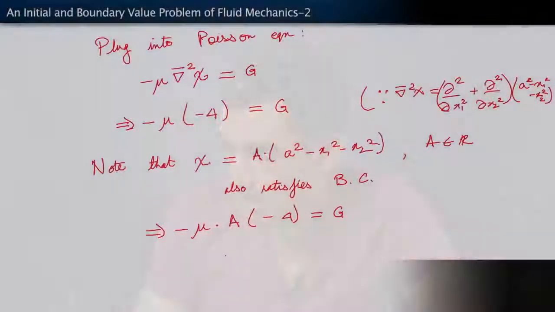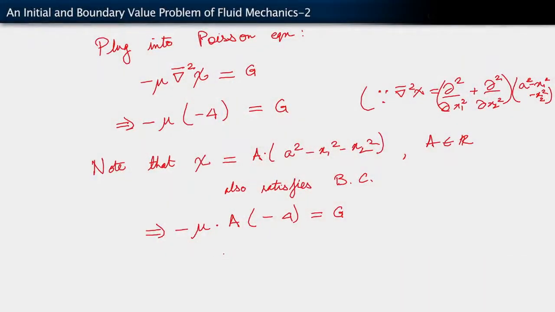All right, anyway, what this implies then is that we have for a equals g over 4 mu. And finally, we have then for our velocity v3, function of x1 and x2, g over 4 mu times a square minus x1 square minus x2 square.